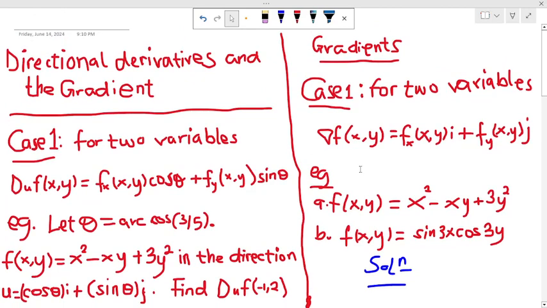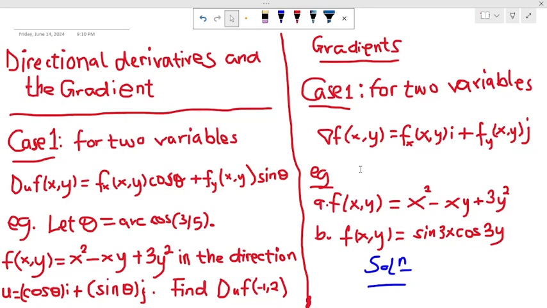So in our previous tutorial, we talked about some applications of partial derivatives, that is on tangent planes and linear approximation. In this tutorial, we are going to talk about directional derivatives and gradient, that's how to use partial derivatives to find directional derivatives and also the tangent of a given function.